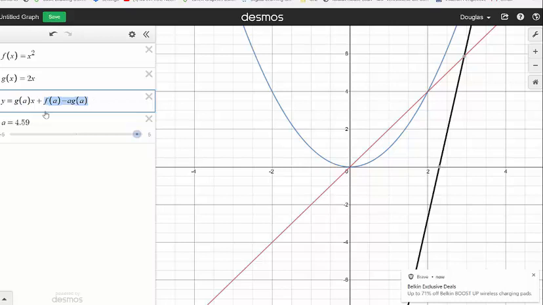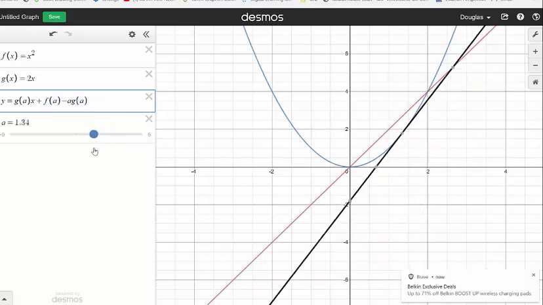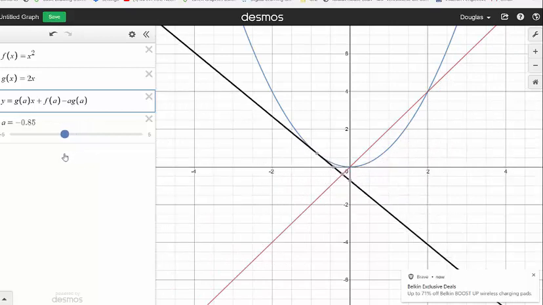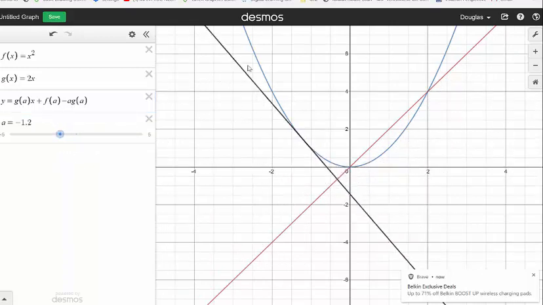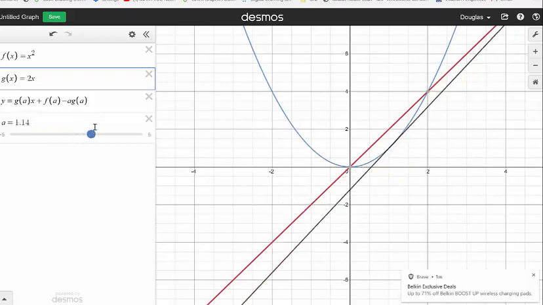Let's go ahead and take a look at what goes on as we vary a, and you can see that our tangent line is always even with our blue curve here. And what is the slope? The slope will always match what's going on down here. And so again, when you're over on the left, it's sloping down. And then as you come over to the right, it begins to slope up.